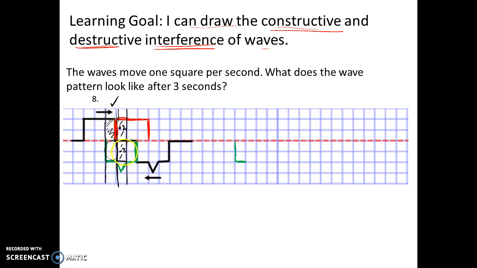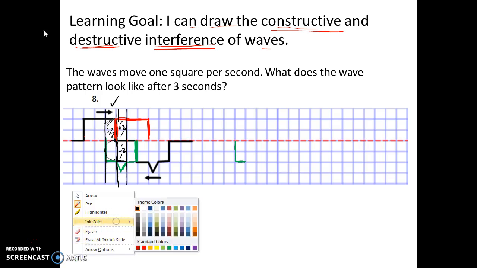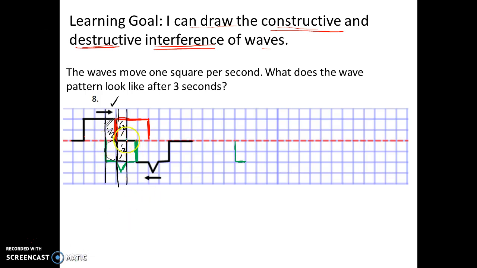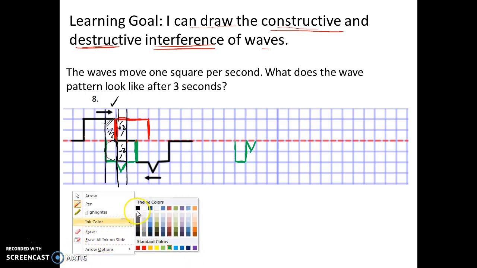So +2, -2, those 2 sections cancel, but what's left over is this little triangle piece. Now ask yourself, that triangle piece is below the equilibrium position. And I want to join that with this wave section. So let's join those 2 parts of the wave. Okay, so now I'm done with this section as well.